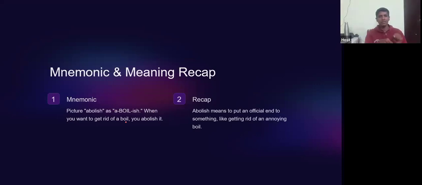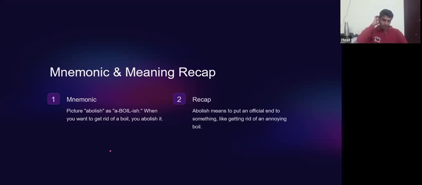It's like a bubble which comes under the skin. So when you want to get rid of a boil, you abolish it. This is the mnemonic I got from Google, from AI. If there is a boil, you want to finish it. So abolish is to put an end, to stop something.